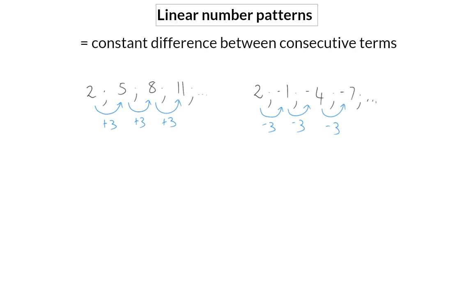This can be summed up by the formula for constant difference, which is term 2 minus term 1, so the difference between the first two terms, and this should be equal to term 3 minus term 2, or even term n minus term n minus 1, which means any term minus the term just in front of it.